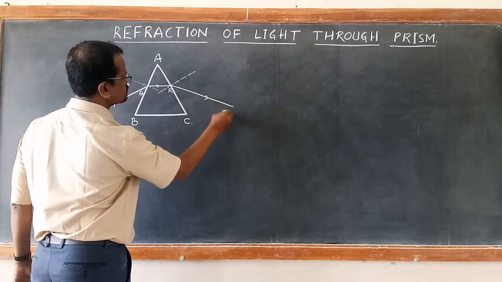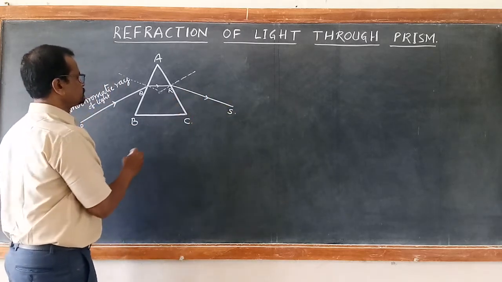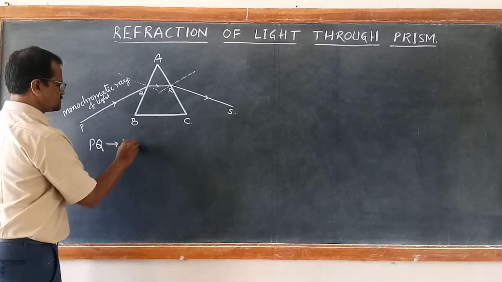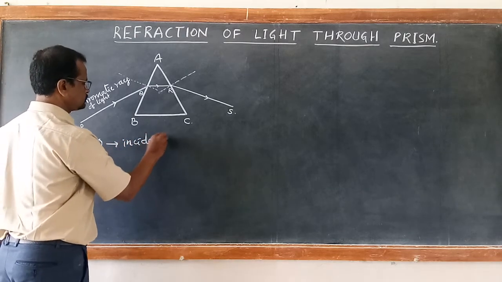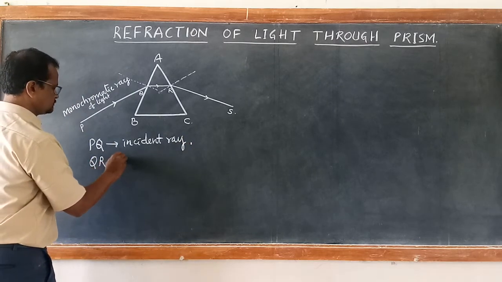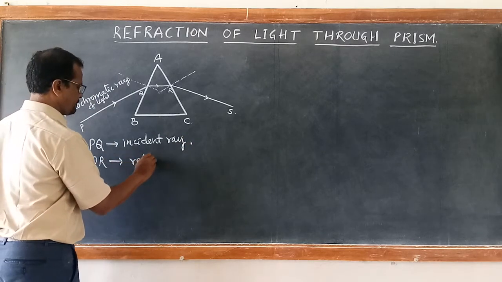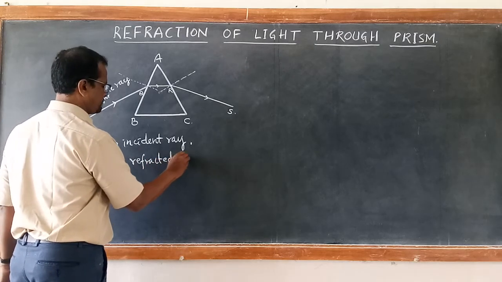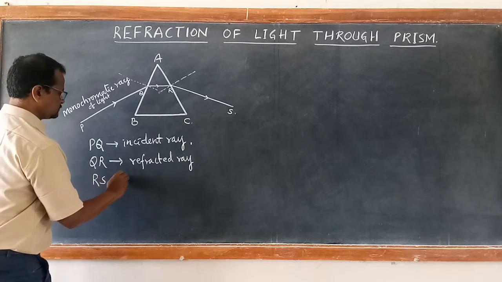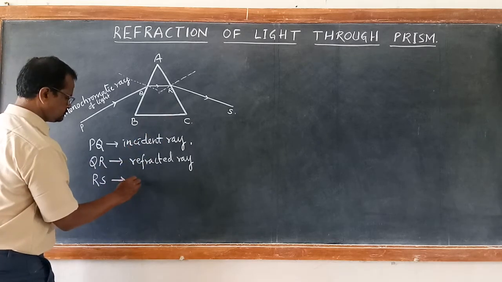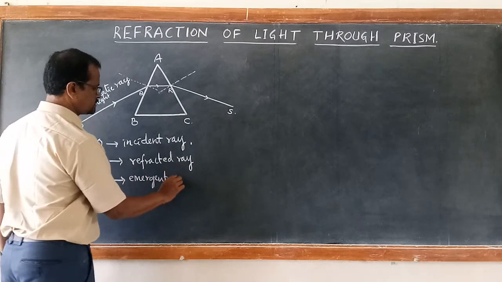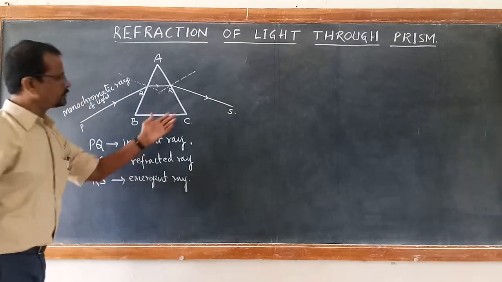So this becomes the emergent ray. PQ is the incident ray, QR is the refracted ray, and RS is the emergent ray into the air.